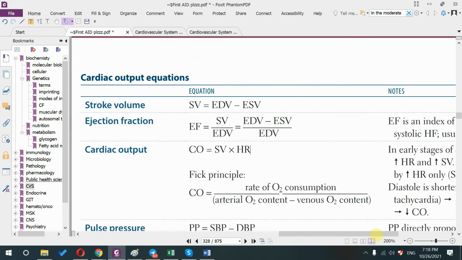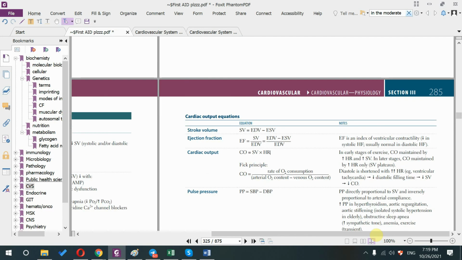Why is ejection fraction important? Well, see guys, all of these volumes are kind of difficult to calculate. But the ejection fraction, actually, you can easily calculate it. How come? Well, maybe you heard about the method echocardiography.